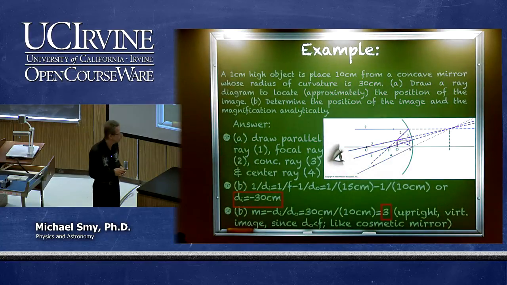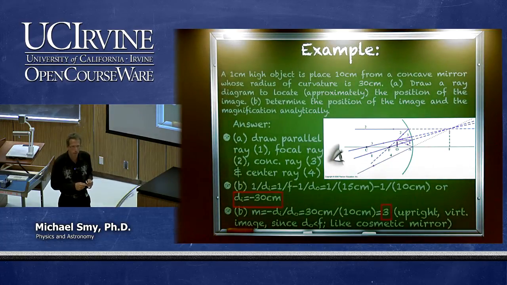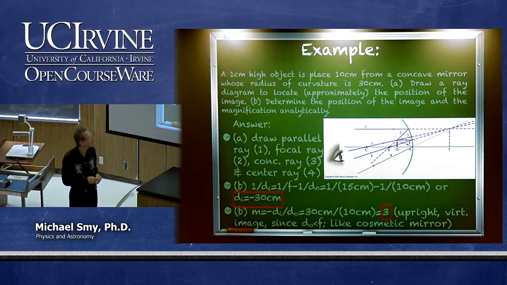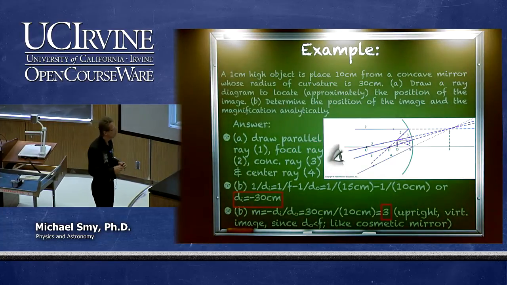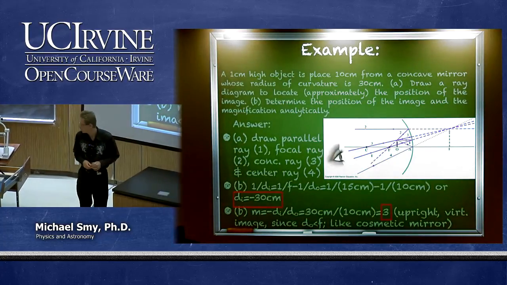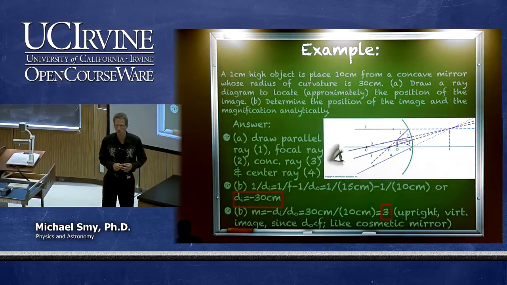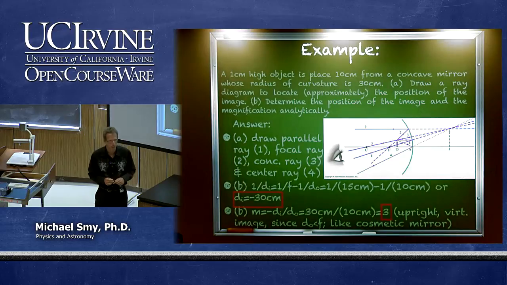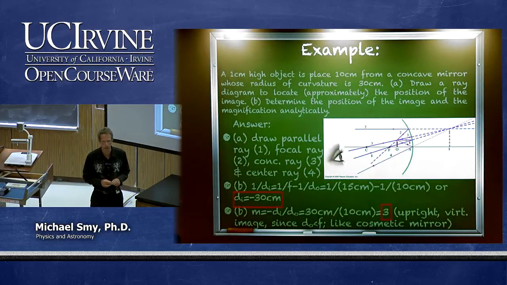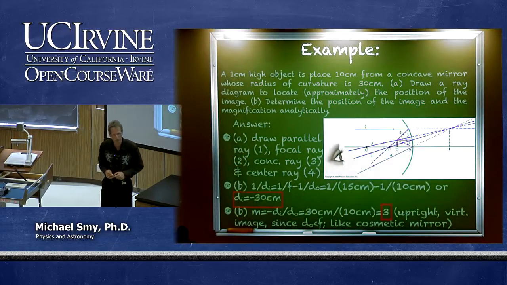So shaving mirrors or cosmetic mirrors are concave mirrors with a relatively long focal length, so that when you stand in front of them, you're closer than one focal length, and therefore you get an upright image that is virtual, meaning that it's on the other side of the mirror. And the image will be magnified compared to the original. You can try that out by standing far away from a cosmetic or shaving mirror, and you will discover that you get an inverted image, so you look upside down.